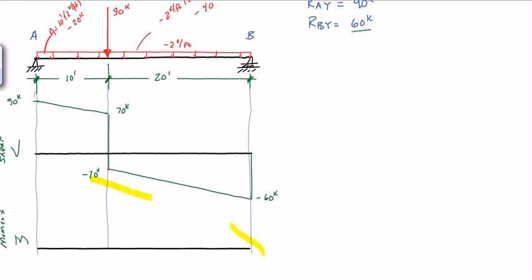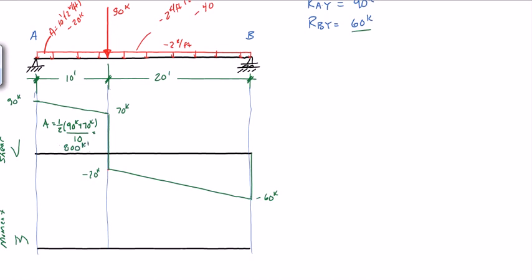So let's go ahead and do this. The change in moment from here to here is the area of the shear diagram. So let's find the area here. A is going to equal 1/2 times 90 kips plus 70 kips, times 10 feet. And that gives us 800 kip feet.